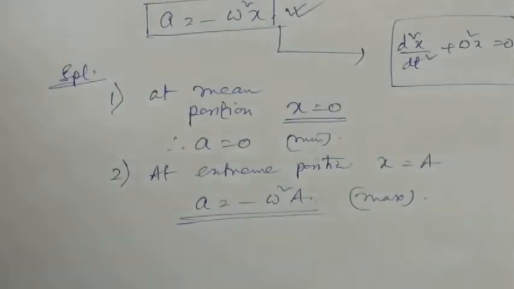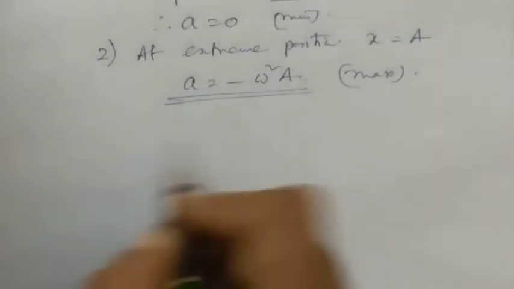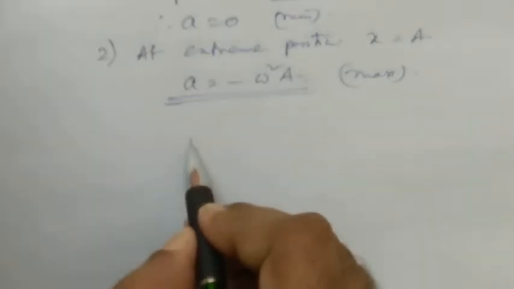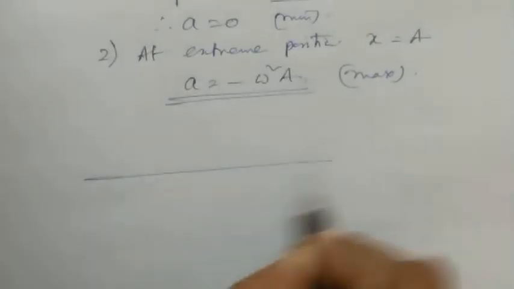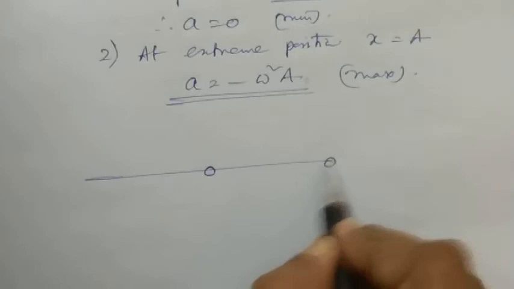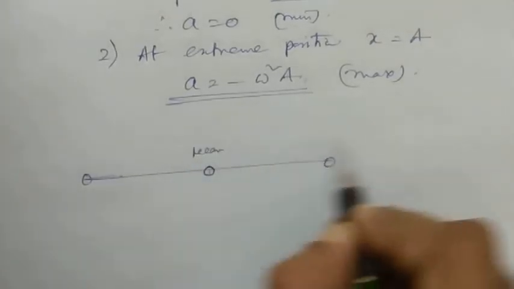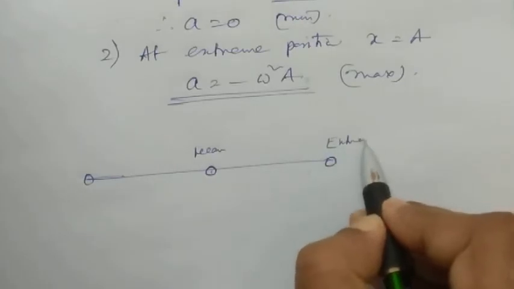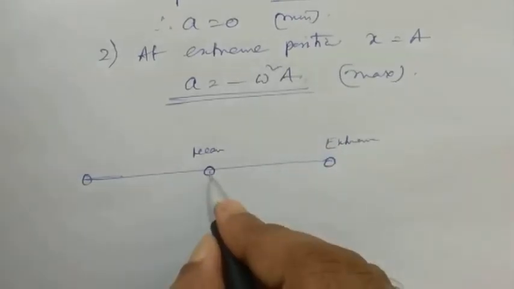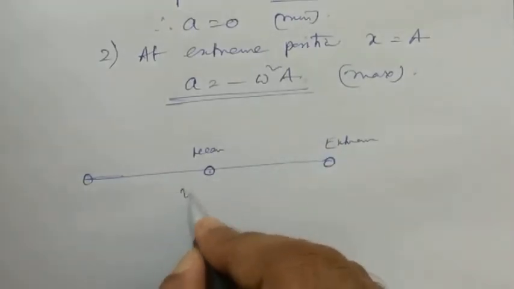So if we take all the three things, the displacement, velocity and acceleration, into one place and try to write everything in one line, these are the three positions. This is known as the mean position. This is one extreme. So what is the value of velocity here?